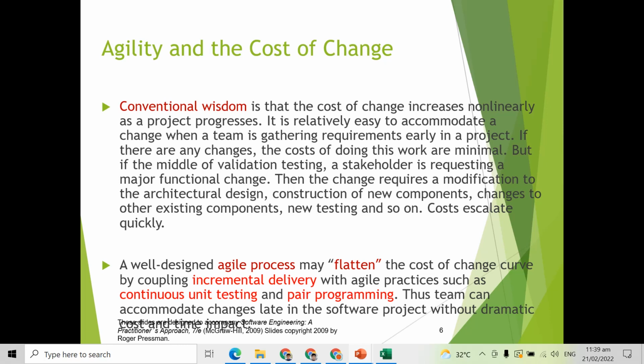Costs escalate quickly, and a well-designed agile process may flatten the cost of change curve by coupling incremental delivery with agile practices such as continuous unit testing and pair programming. Thus, the team can accommodate changes late in a software project without dramatic cost and time impact.